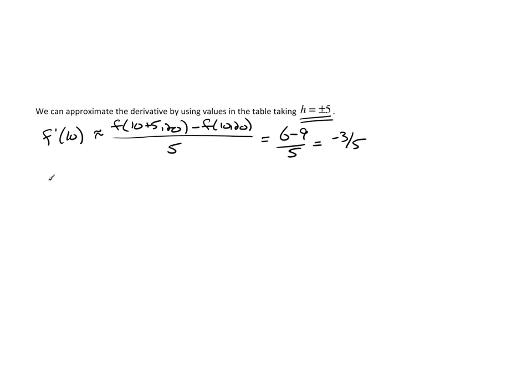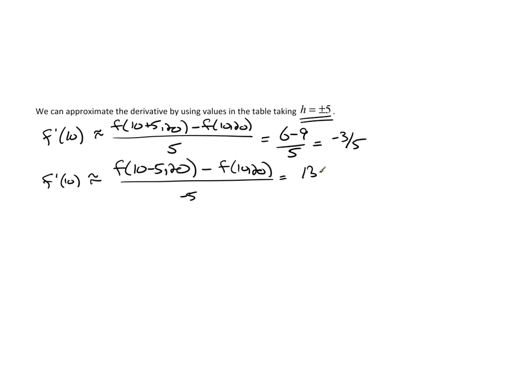So likewise, I can say that f prime at 10 is approximately equal to f of 10 minus 5, 20, minus f of 10, 20, over negative 5. And that, you're going to see, is 13 minus 9 directly off the table, divided by negative 5, which is negative 4/5.